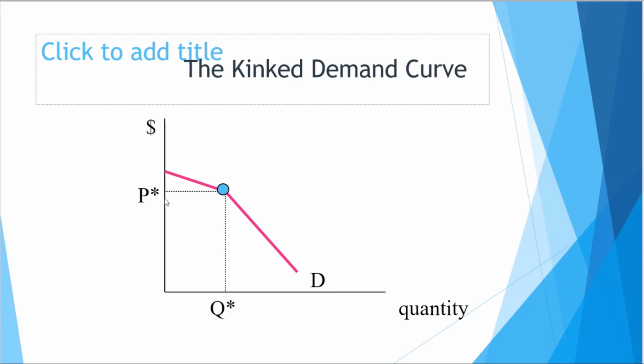Now, what's going to happen if this gas station says, well, I'm going to charge less than $4, I'm going to charge $3.50 for the gas, and that way all the customers are going to come to me? If you extrapolate that, you will see that your price has gone down, and the quantity you're selling is only a little more, but you have dropped your price. What is that going to mean for the other 3 gas stations? They're also going to drop their price to $3.50 and get their customers back.